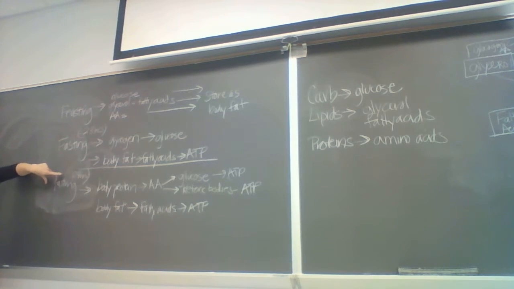Okay? Basically, you don't have enough calories or you don't have enough carbohydrates, so your body is forced to start breaking down your muscle mass or your body protein for energy. Yeah, you're also breaking down some fat, but you're also breaking down body protein, which you really don't want to do. Okay? Any questions about this so far?